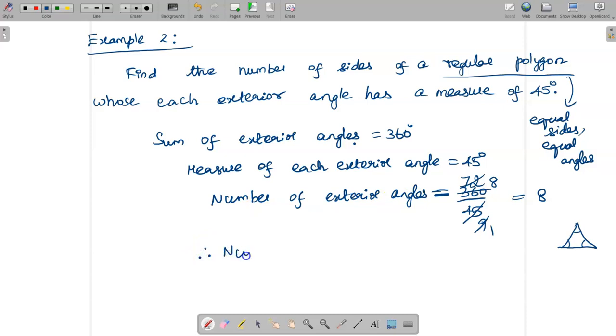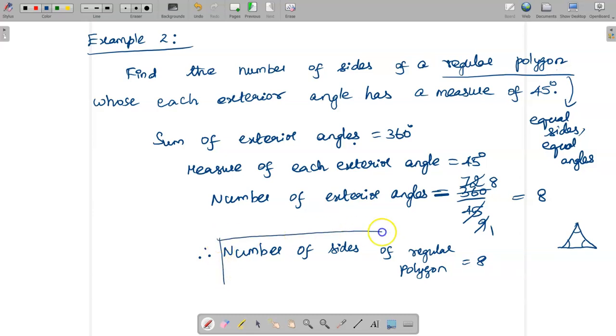Therefore, we can easily say that the number of sides of the regular polygon is 8. This is the final answer. Thank you. Thanks for watching.